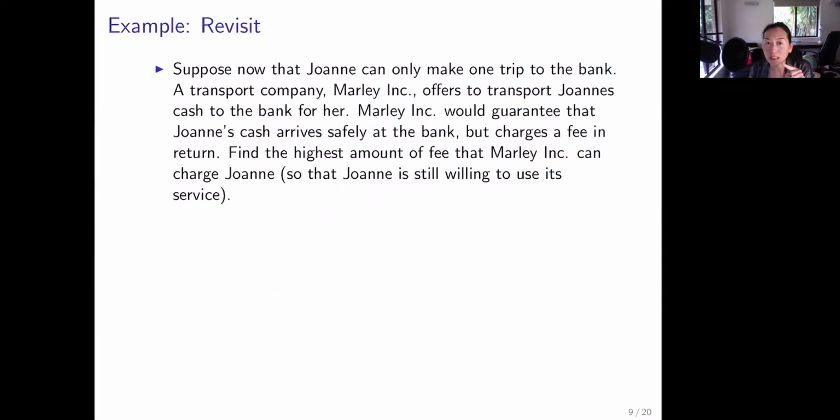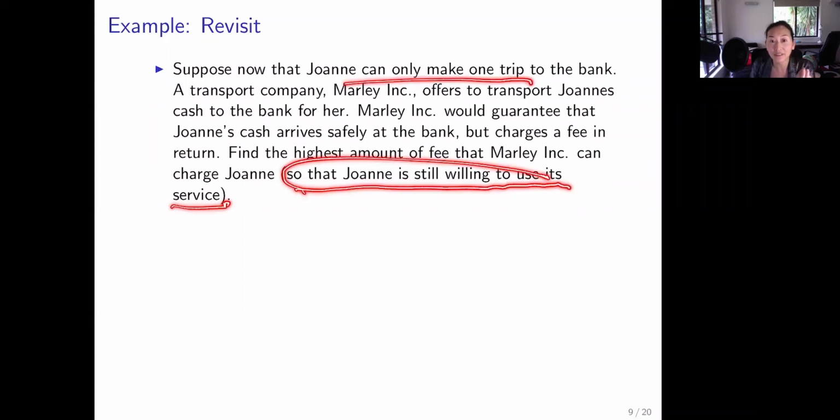And now option B is that she uses this cash transportation service. So the hint is that Joanne is still willing to use this service. What does it mean? That she weakly prefers this service to carrying the cash herself, right?